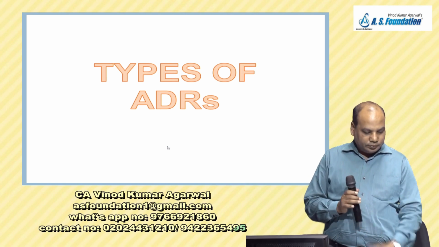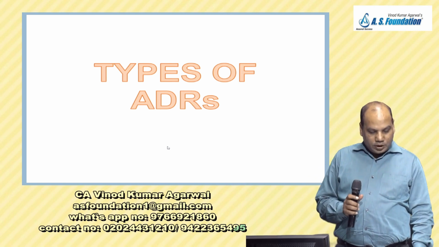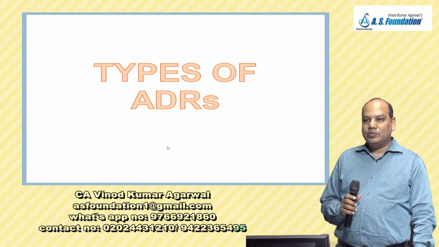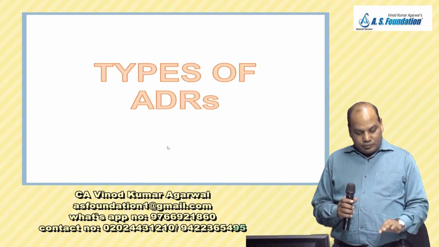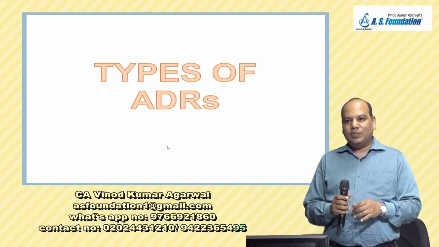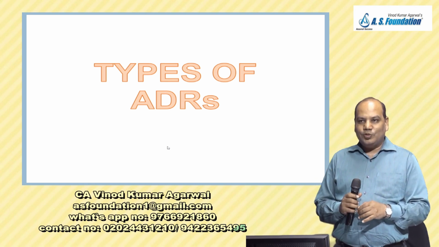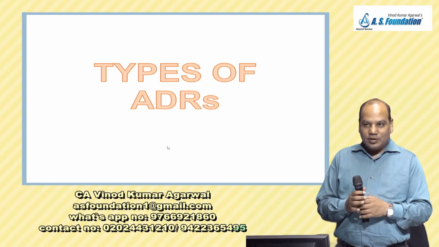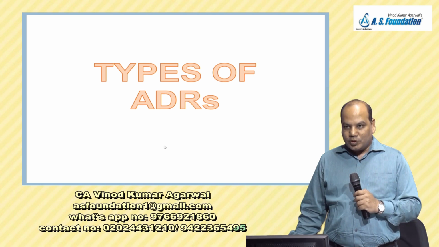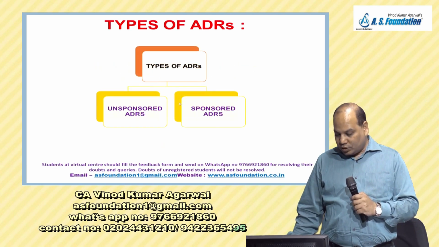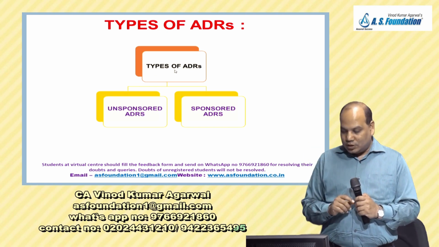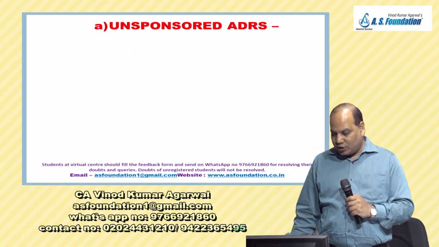Come to your book. Paragraph next, types of ADRs. Depending upon how much compliance you want to do, you can issue unsponsored ADRs or sponsored ADRs. So first we'll divide ADRs into 2 types, unsponsored and sponsored ADRs.